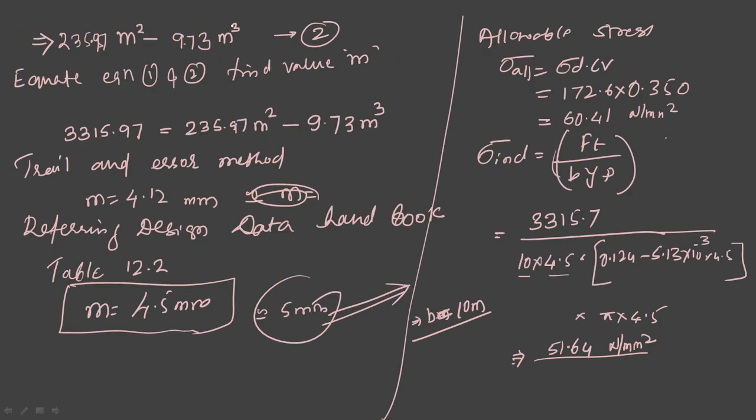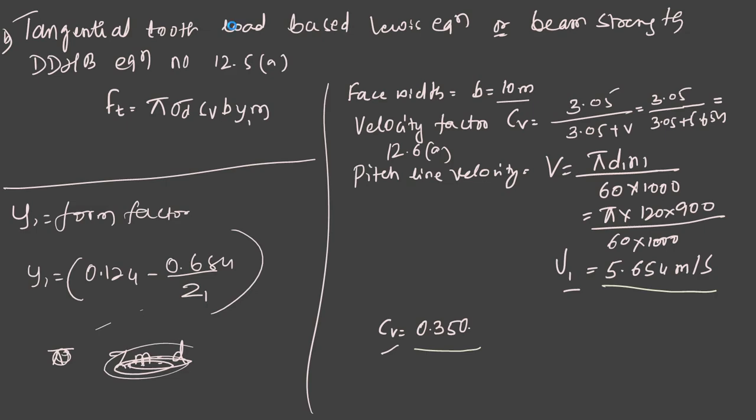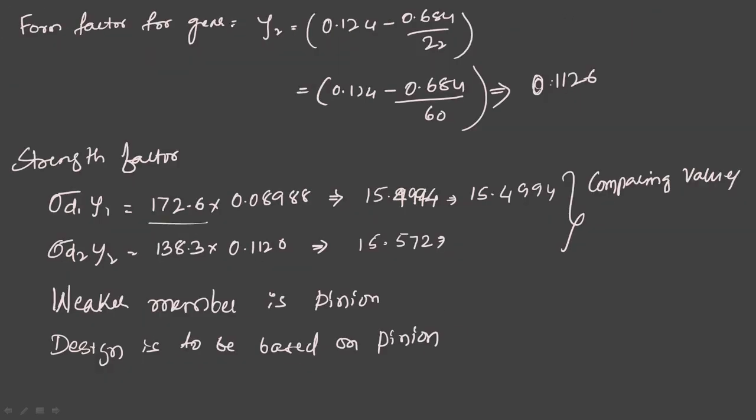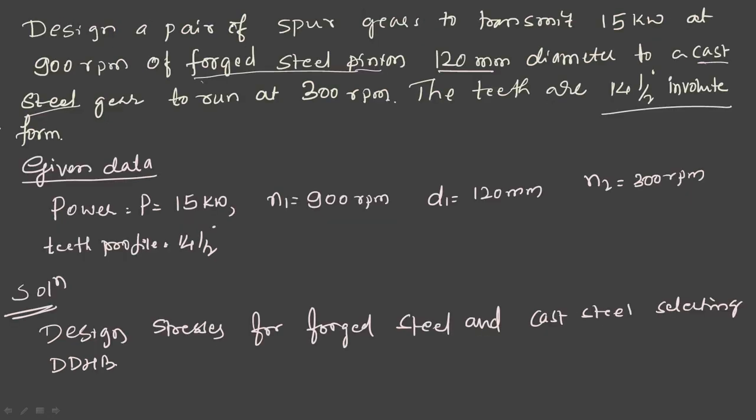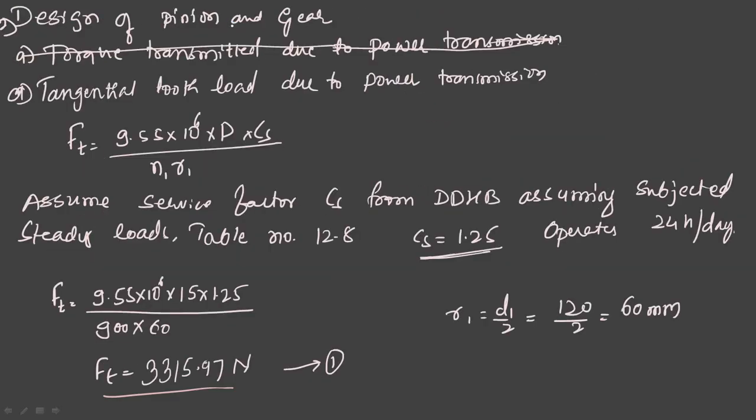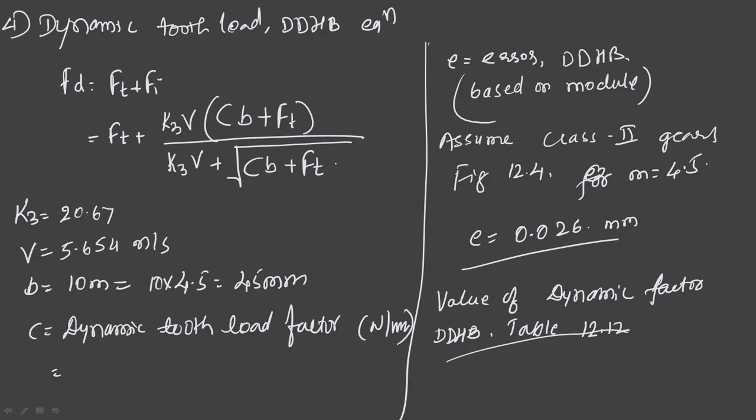Now the combination: the pinion is steel, and the gear material is also steel. One is forged steel, another is cast steel, so it is a combination of steel and steel.